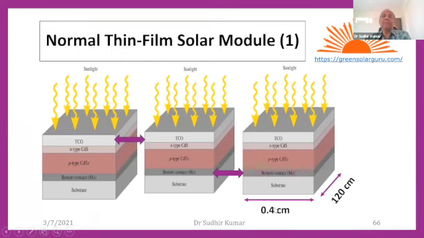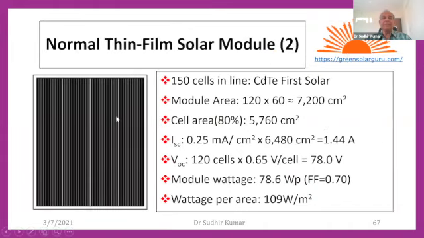It's like strips. Only 4 mm width and 1.2 meter length. This is the one cell. This is an interesting thing in thin film. So you can see these are the small cells here.